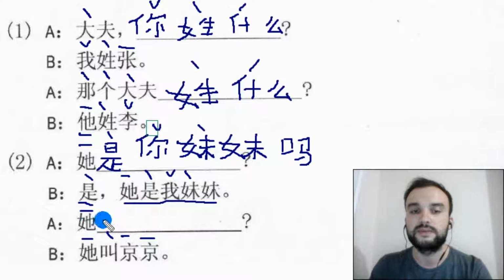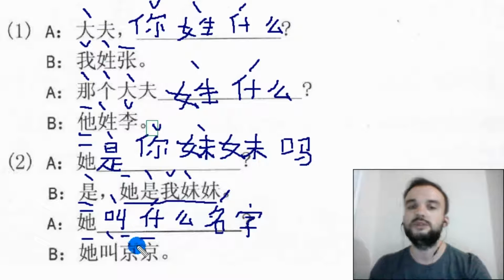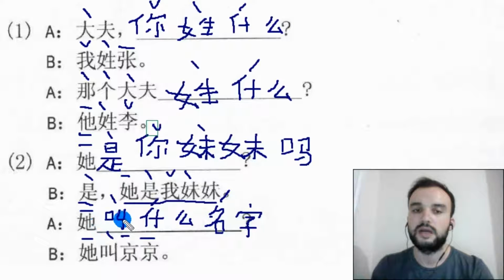So we make a sentence like 他叫什么名字? 他叫, 什么 second tone, and 名字. 他叫什么名字? 她叫什么名字? What's her name?